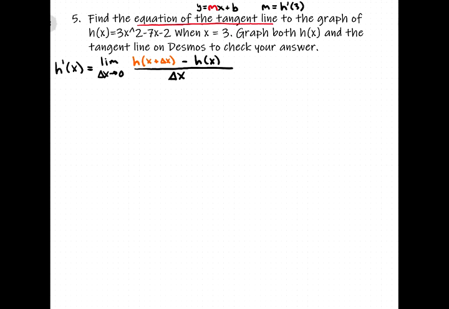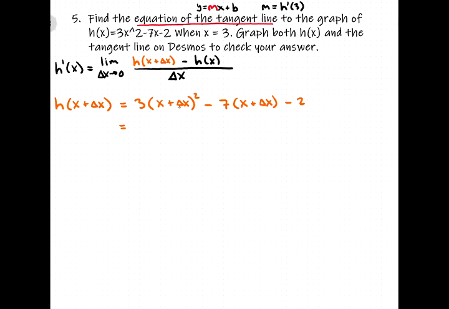Let's switch to orange because we're doing this in orange. H of x plus delta x. We'll plug in an x plus delta x for these x's in our h function. So that's 3 times x plus delta x squared minus 7 times x plus delta x minus 2.